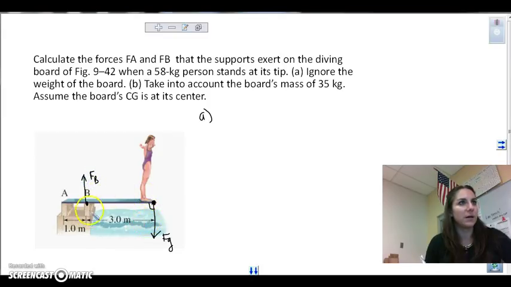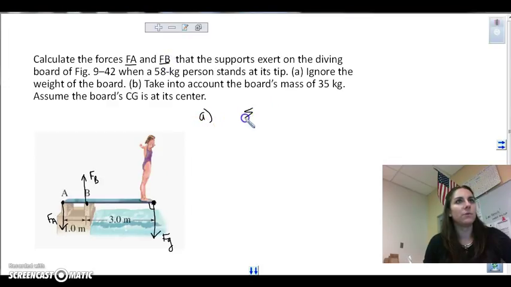If this is going down, this is going up. And then I'm going to guess at the direction of A. I don't know the direction officially. If any of these are wrong, I'll get a negative sign, which means I made it backwards. Let's assume this is the case, because it looks like the system would be at equilibrium. So we're looking for FA and FB.